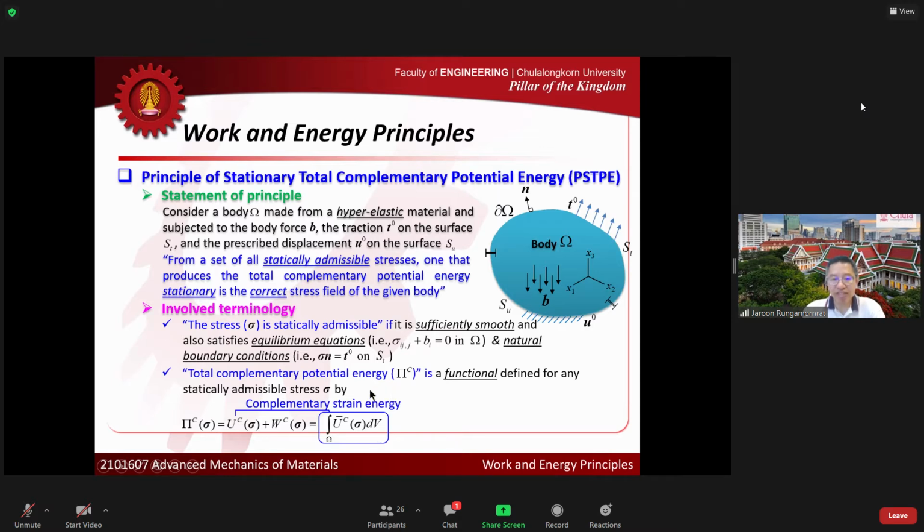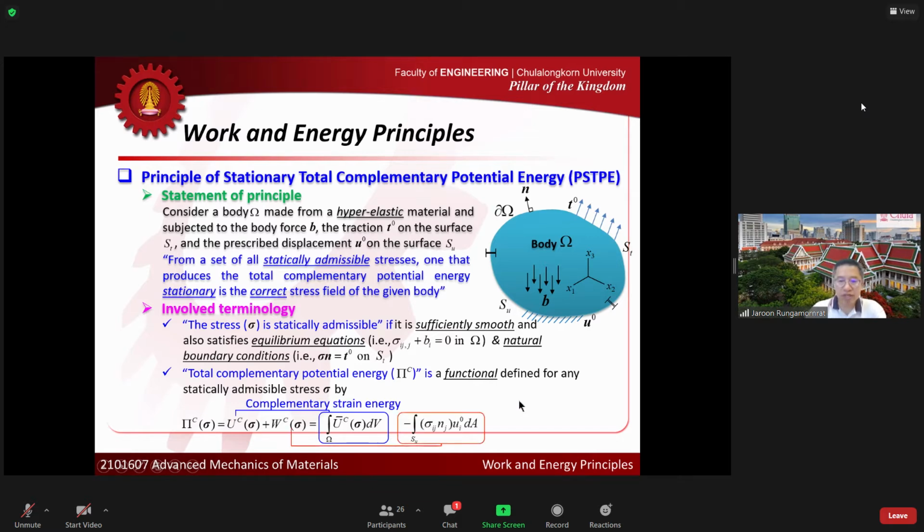Whenever you introduce the statically admissible stress to the body, you can get U bar C because the material is hyperelastic, so U bar C exists. Whenever you know sigma, you plug it in here, perform the integration, and you get UC.